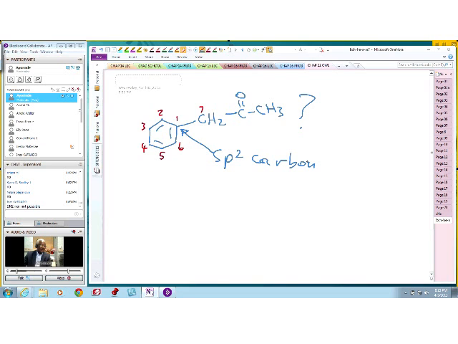You only do an SN2 reaction on an sp3 carbon, and that carbon must also be a primary or secondary carbon. Please keep that in mind, very important. Any question on this before we go further? Okay, good.